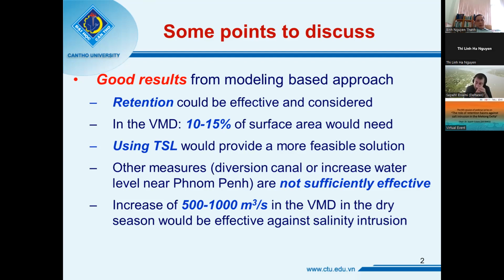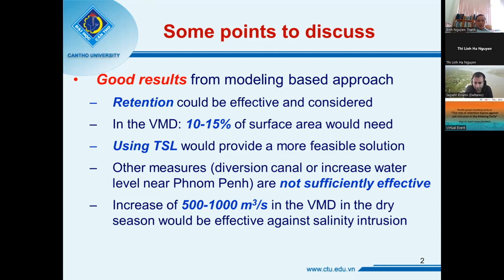You also said that using Tonle Sap would provide a more feasible solution, but then there is the transboundary management issue. Other measures like a diversion canal or increasing the water level near Phnom Penh are also other approaches in your calculation, and you conclude that they are not sufficiently effective.